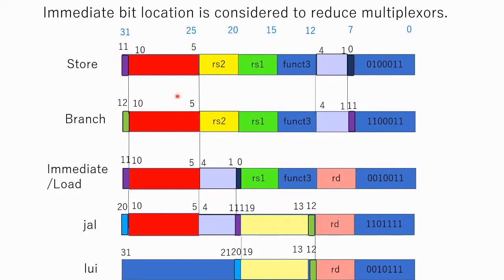And the location of the immediate is fixed in order to reduce the multiplexers as much as possible. For example, bits 10 to 5 are common. And bits 4 to 1 are separated into 2 locations, but there are only 2 locations. So actually the other bits are located for reducing the multiplexers as much as possible.